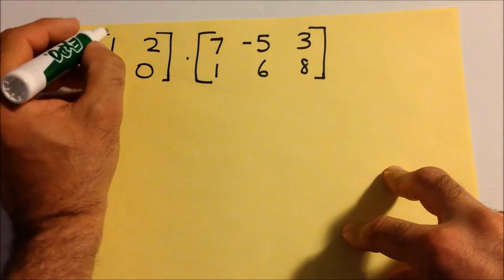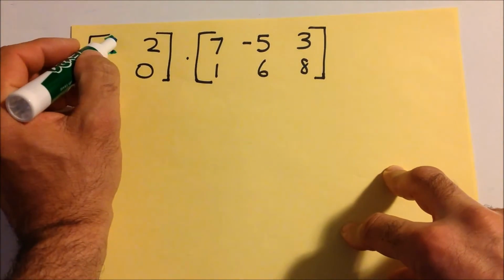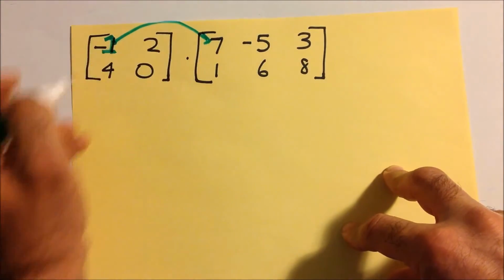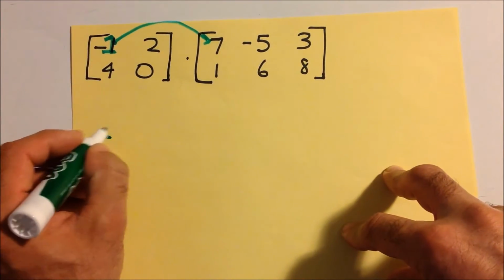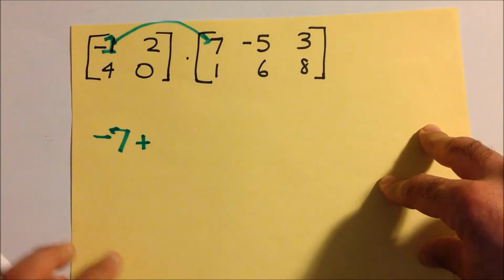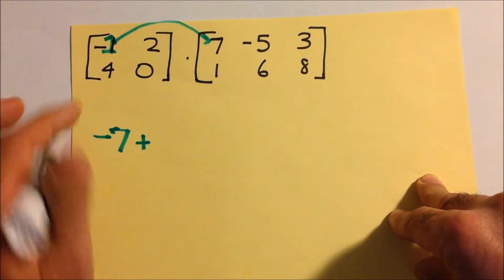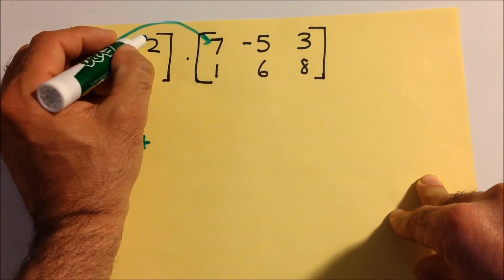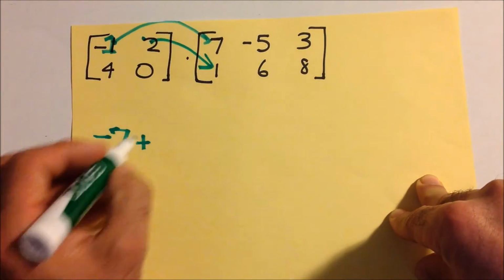So let's start from here. We're going to multiply -1 by -7, and we're going to get 7. But we're not done yet. We're going to actually add. We have to finish the row out. The 2, we're going to multiply the 2 by the 1, and we'll get 2.